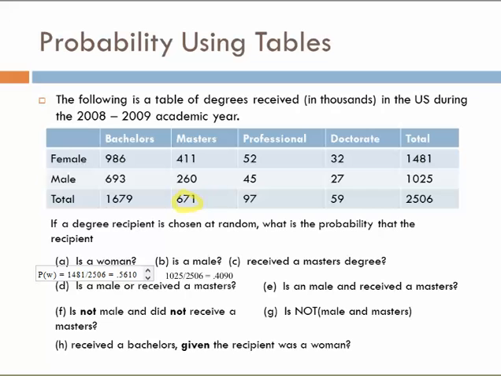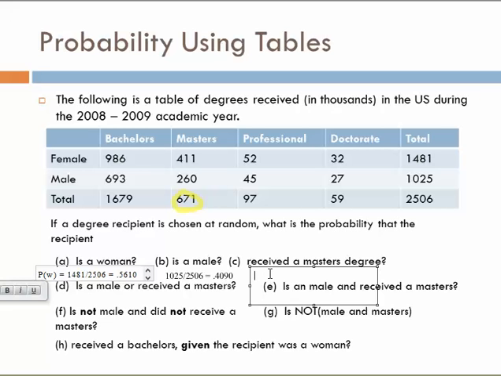So the probability that we would get someone that has a master's degree is really equal to the probability that they're a female master plus the probability they're a male with a master's, which gives us the total probability of being 671, again, out of the total.